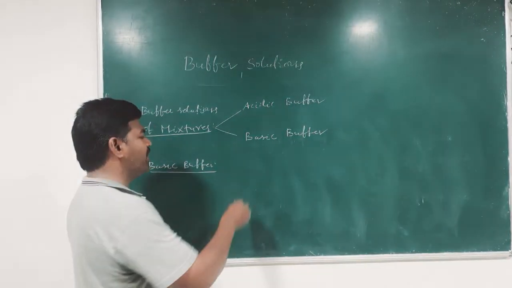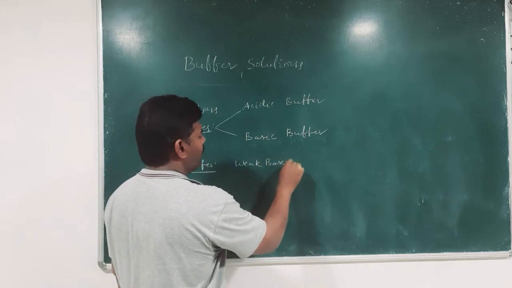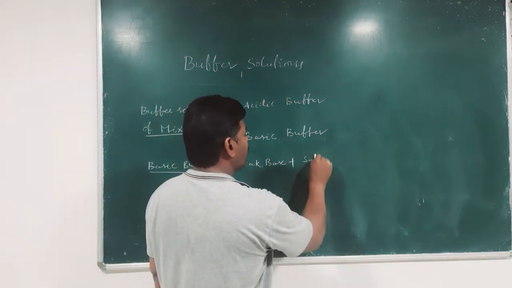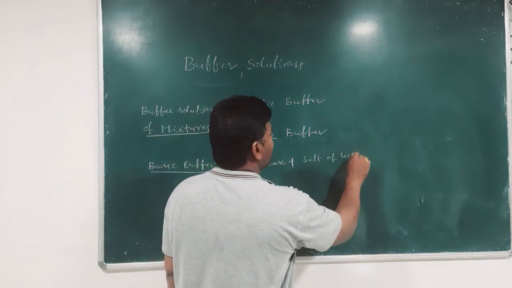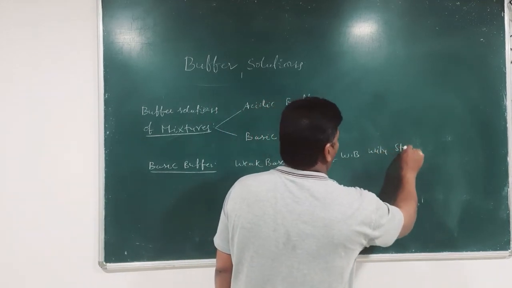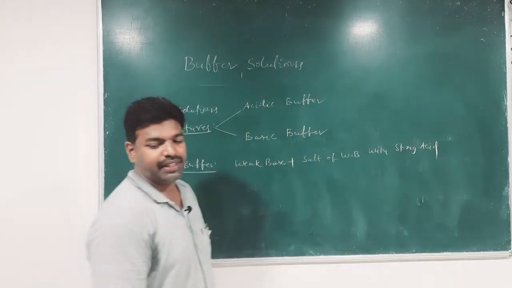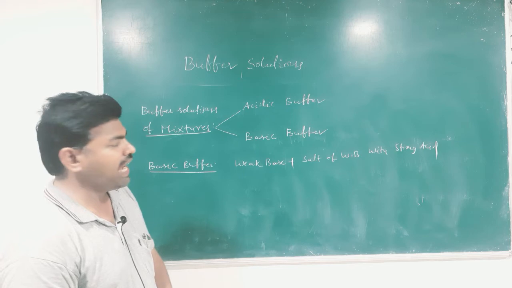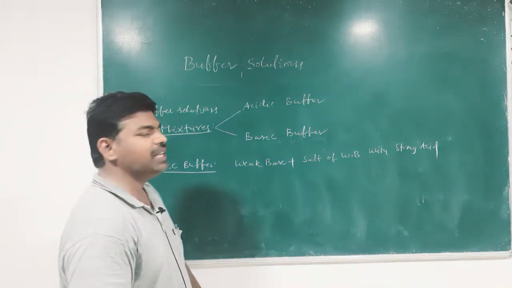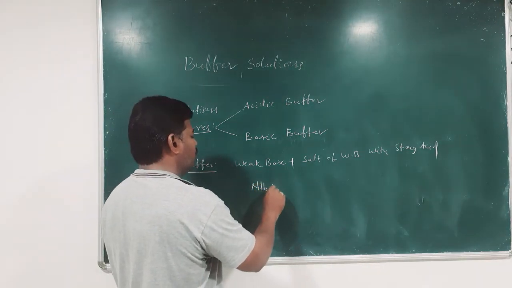Okay, so a basic buffer is a mixture of a weak base plus a salt of the weak base with a strong acid. The familiar example for a weak base is ammonium hydroxide, NH4OH.